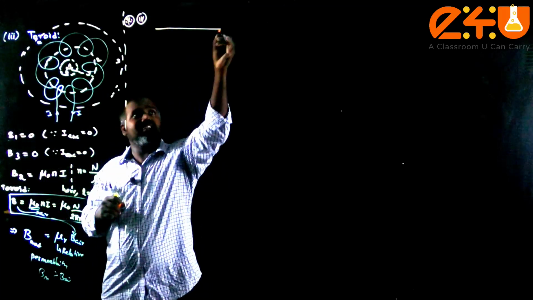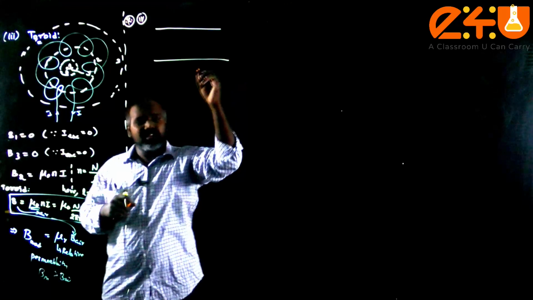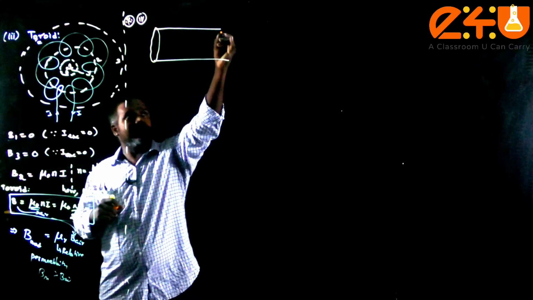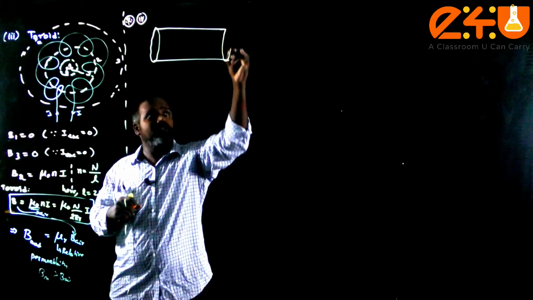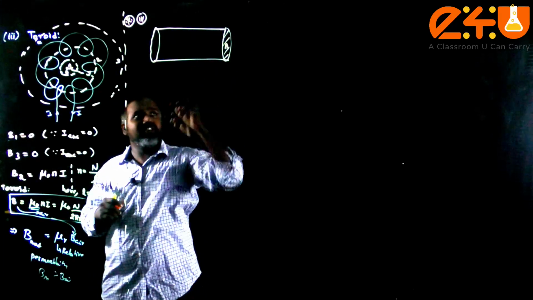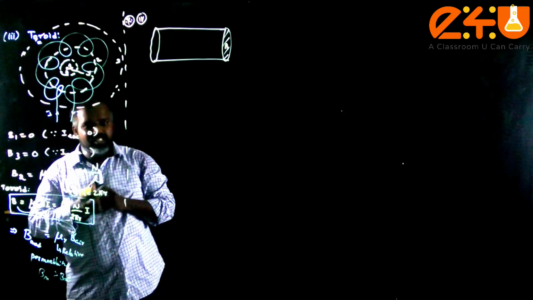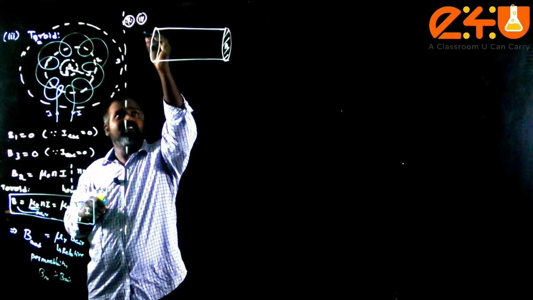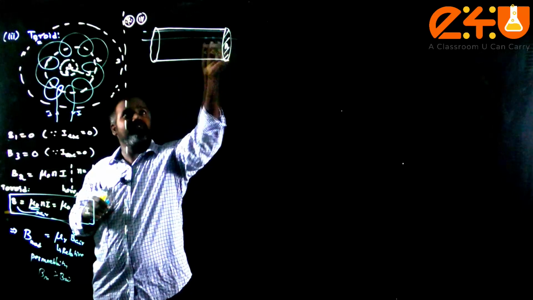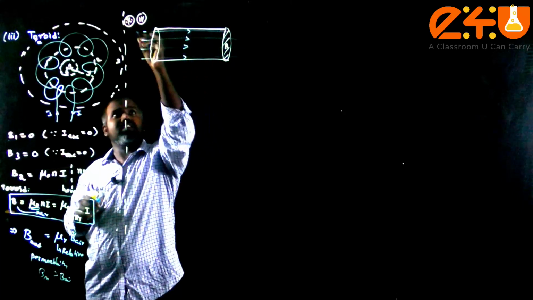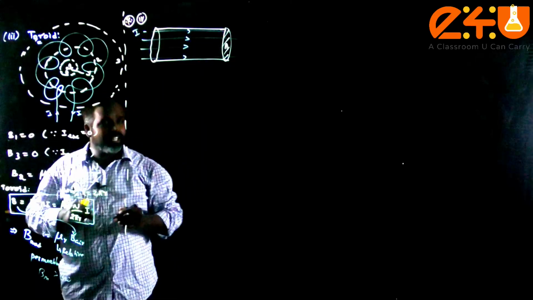The current is not distributed over the surface; it is distributed throughout this area of cross section. So the current I is going like this throughout the conductor.